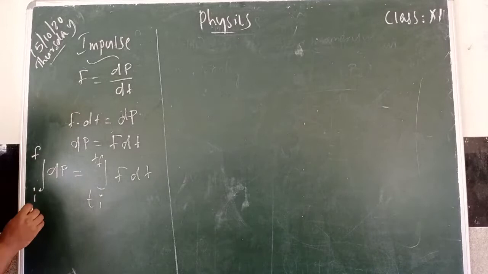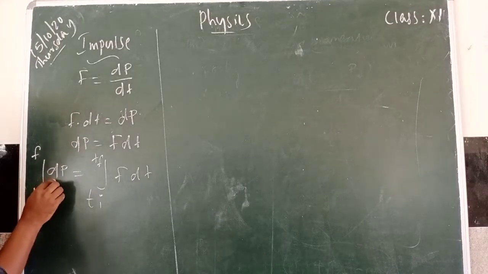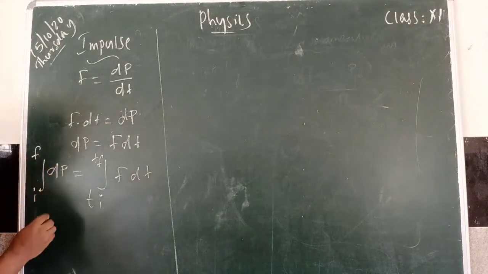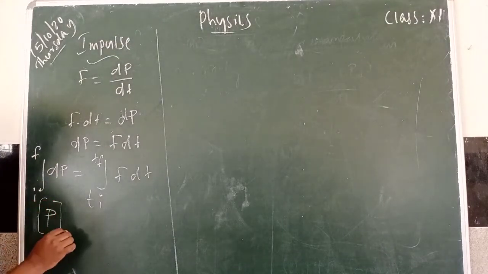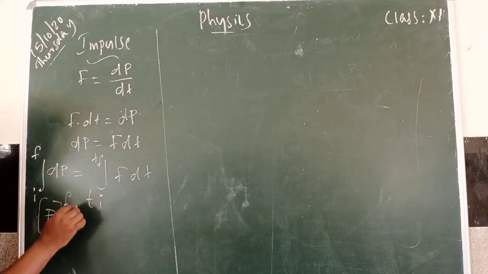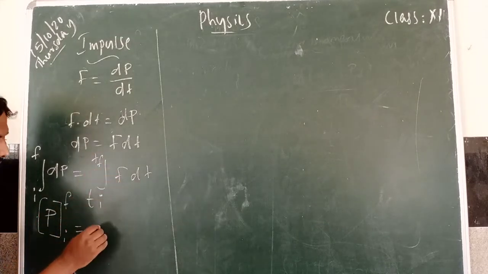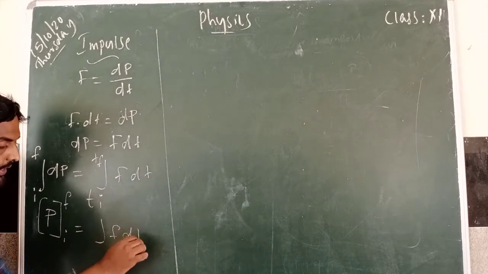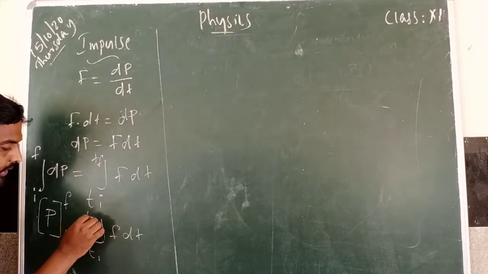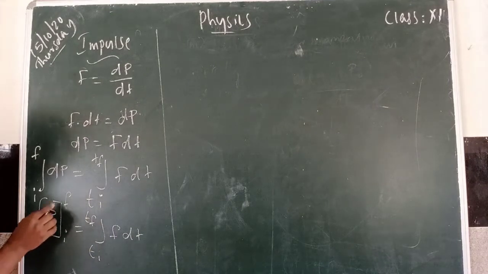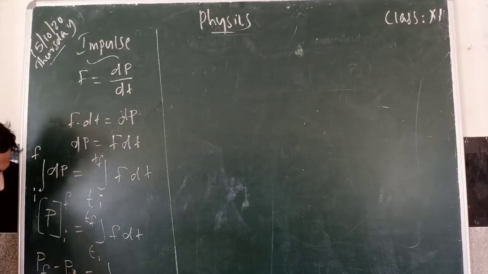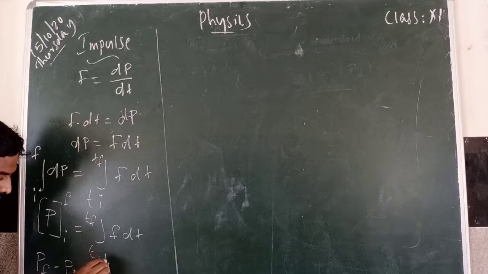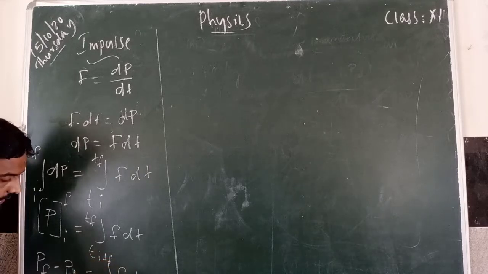Now when we integrate, the integration of dP is P. Now apply the limits: upper limit minus lower limit, Pf minus Pi, equals the integral from Ti to Tf of F dt.